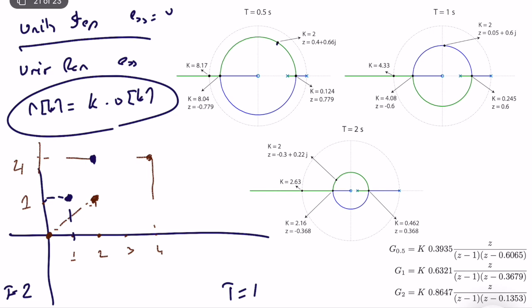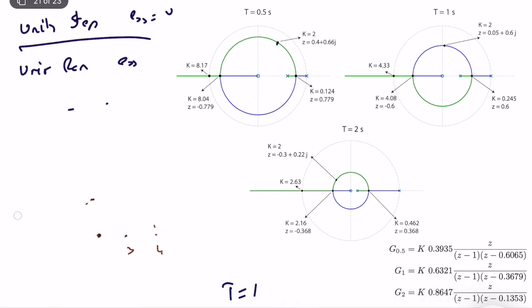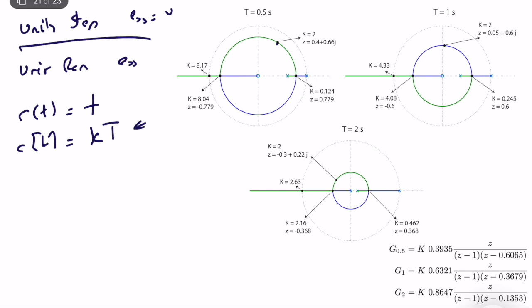Instead, we need to consider the unit ramp in the time domain and then convert it. We need to look at the unit ramp response for R of t equal to t, the actual ramp in time domain, and R of k equal to k times T. In order to have a fair comparison, we should also scale the input with sampling time.